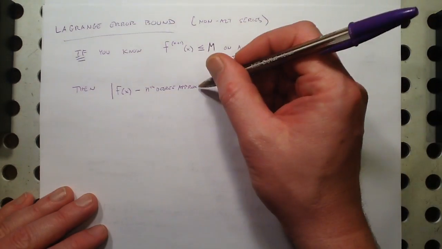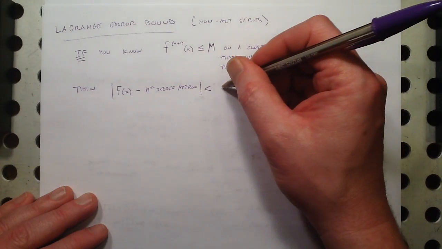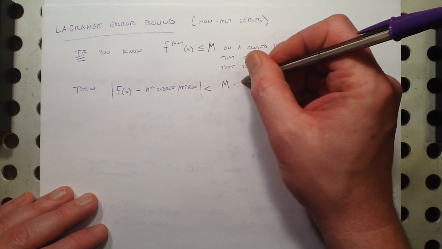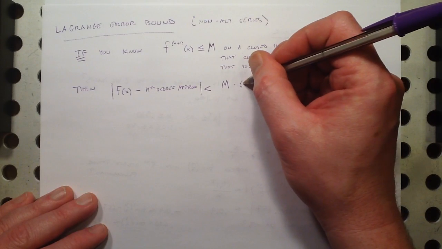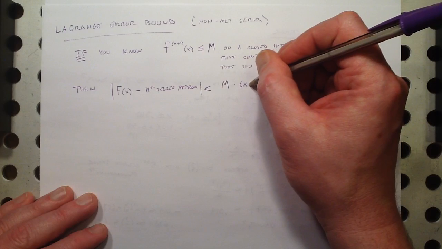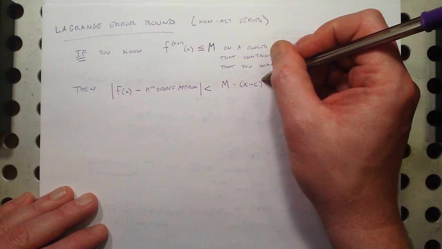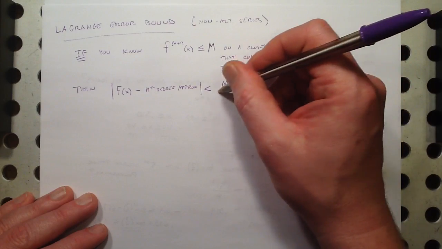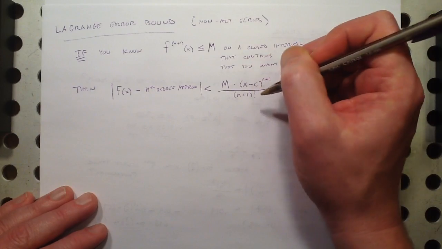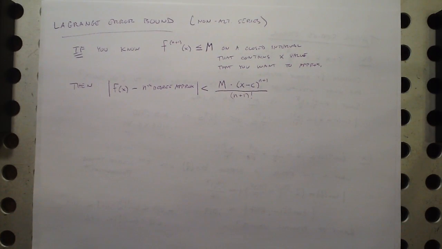So the difference between those is less than m times x minus c to the n+1 over n+1 factorial. That's kind of like the next term, right?